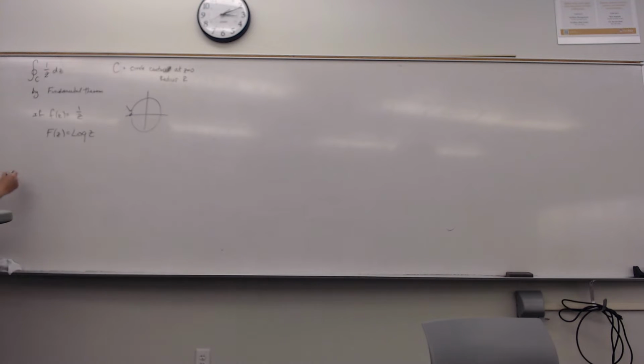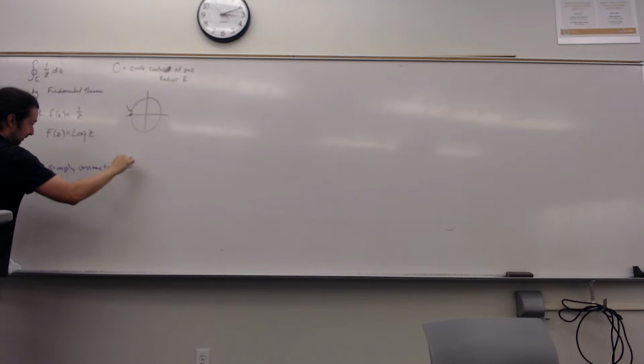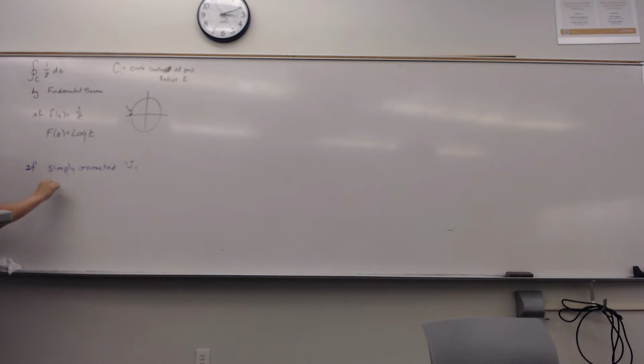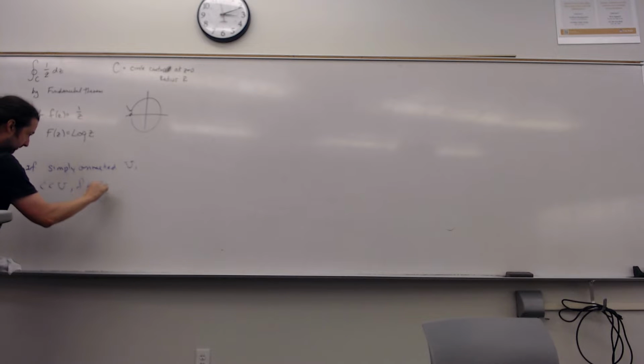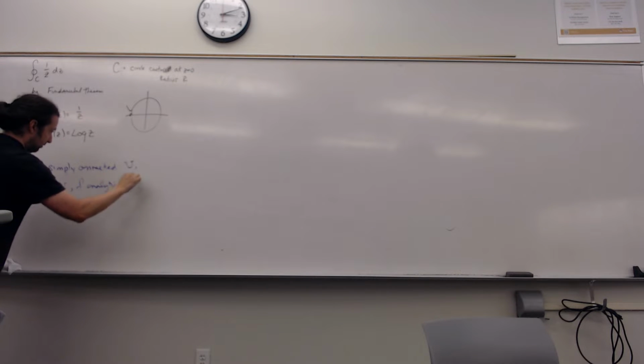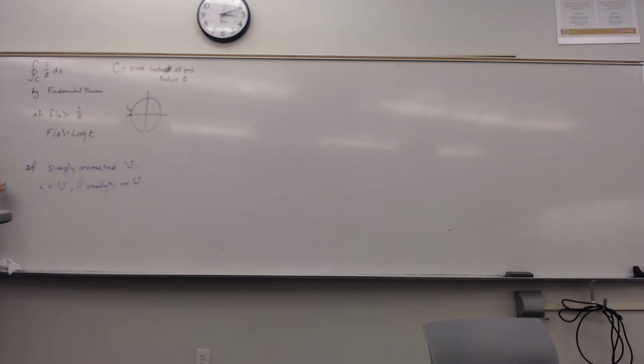The fundamental theorem says that if you have a simply connected domain U, and a contour C that lives inside of U, and f analytic on U, I should say C is a simple closed curve.